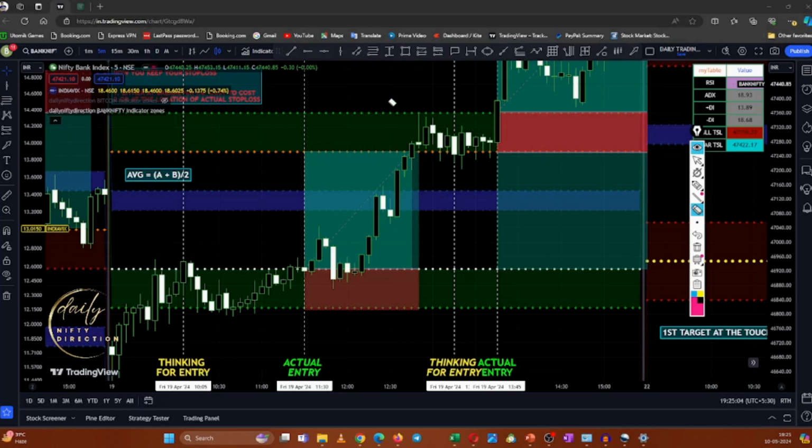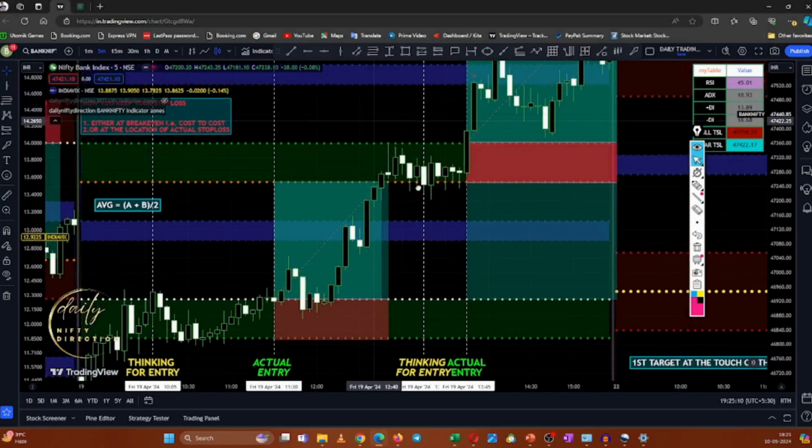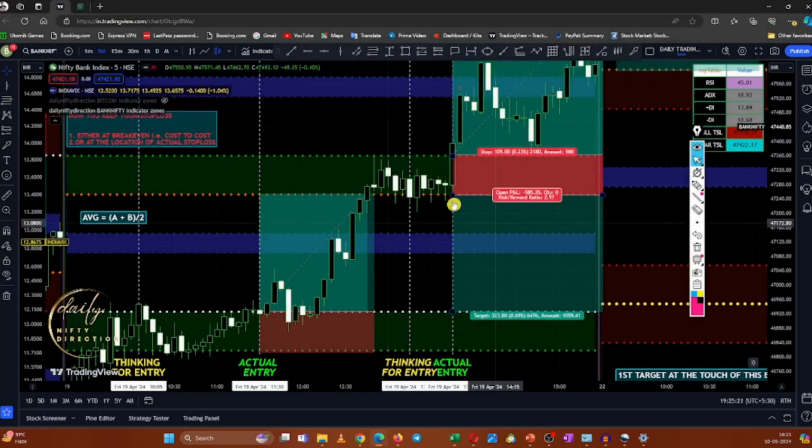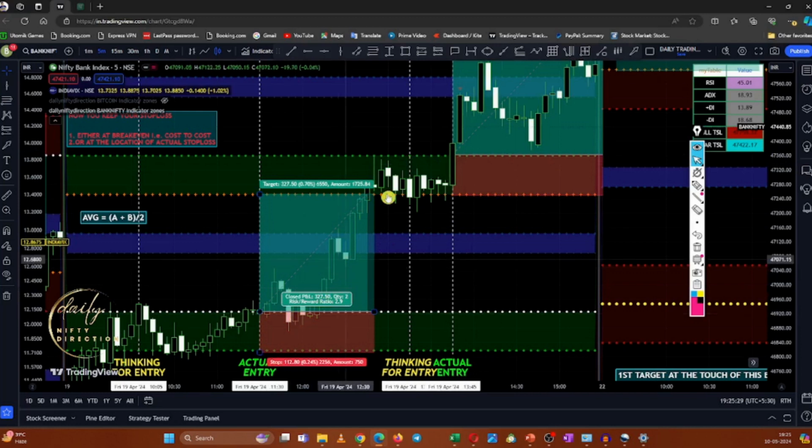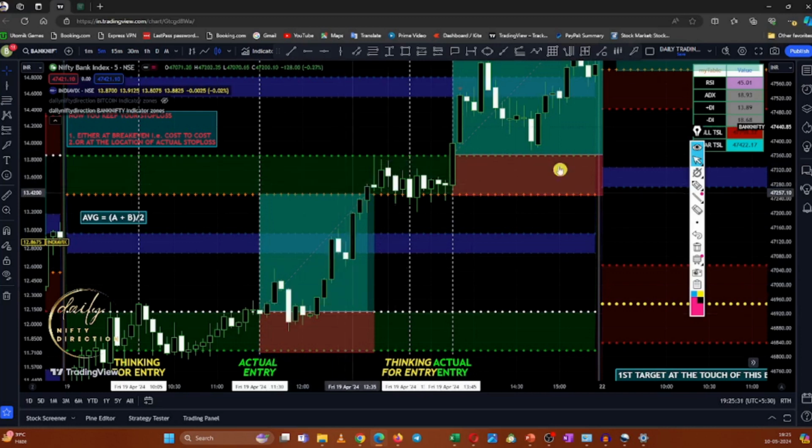Understand the difference here. For reversal you are taking more confirmation, a second close or third close. For reversal you are waiting for more confirmation, but for trend trading you can take direct entry also, since it has given your target.